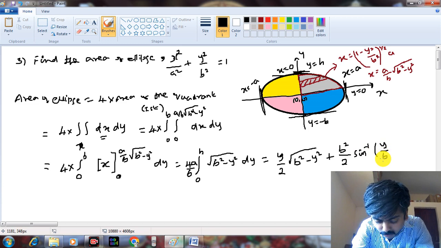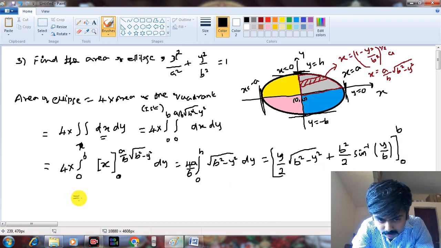Y by 2 root of b square minus y square, plus b square by 2 sin inverse of y by b. This is the formula for the given integration. Okay, the limits are 0 to b.